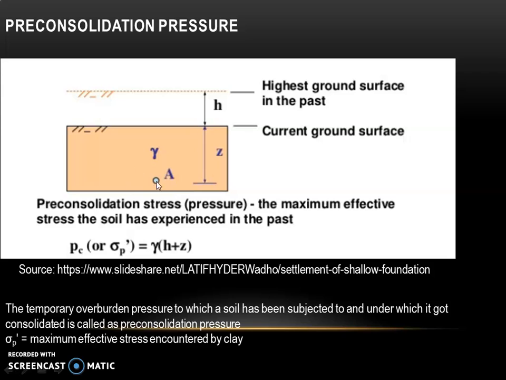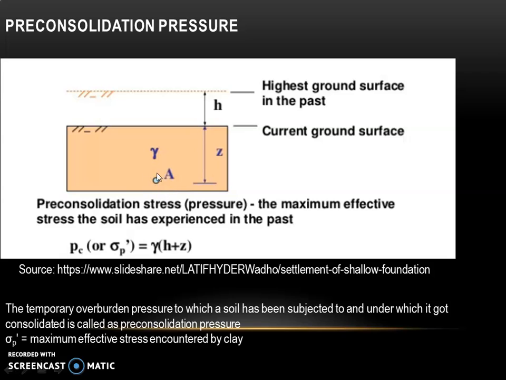Now we will find out how to determine pre-consolidation pressure at point A. Let this dotted line represent highest ground surface in the past, that is when there was overburden. Let H be the depletion of the ground due to removal of the overburden. So the second line represents current ground surface.